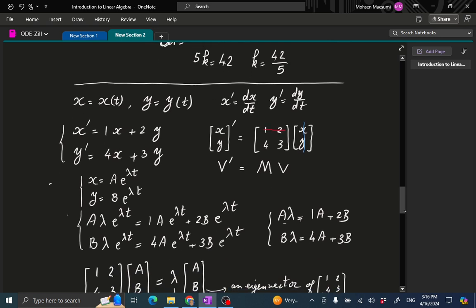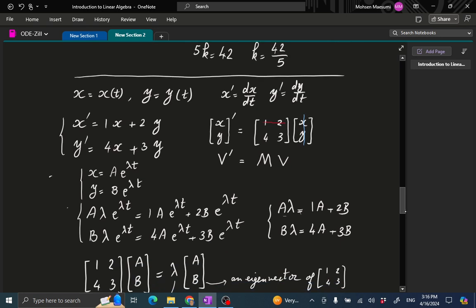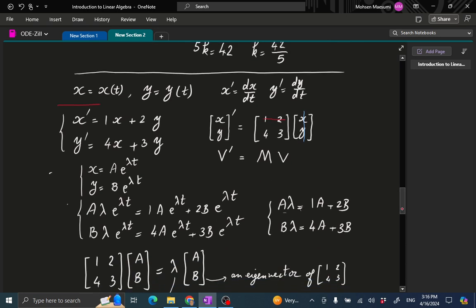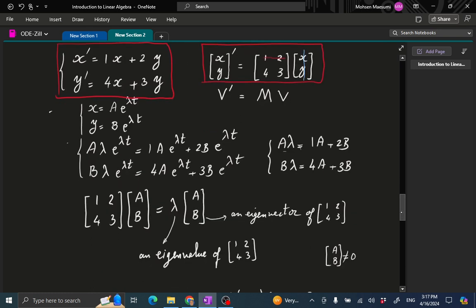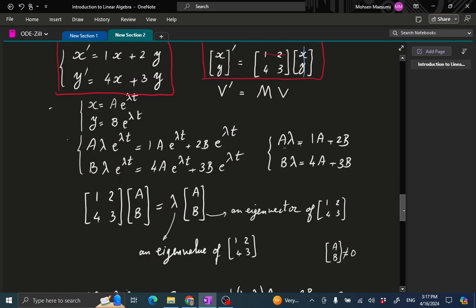So here we practiced how to solve one system of equations. I have a system, and I write it with matrix notation. Here is the application of the matrix notation we had up there. In order to solve it, we search for an exponential solution. We consider x and y to be some multiple of exponential of lambda t. We plug it in, and we get an equation like a system of equations we have seen before.